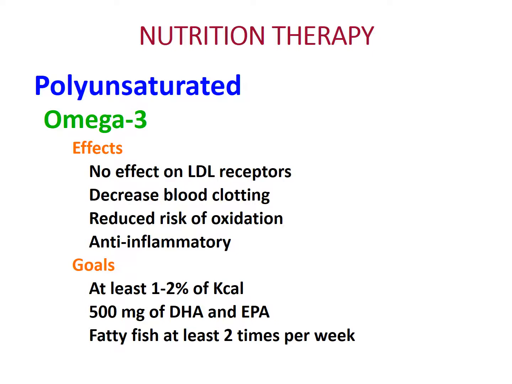So there is a recommendation to be concerned with that, but they do reduce blood clotting effects. They do reduce the risk of oxidation, so they have a positive benefit on oxidation. They are considered anti-inflammatory, and we talked about chronic inflammation. So they are considered heart-friendly. They are considered good fats.